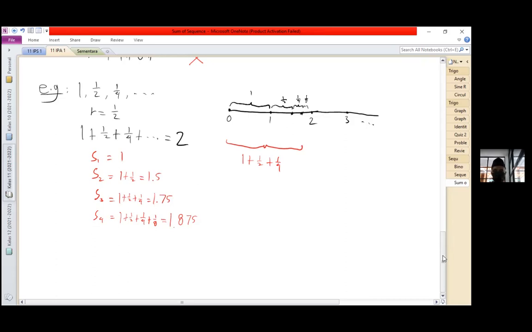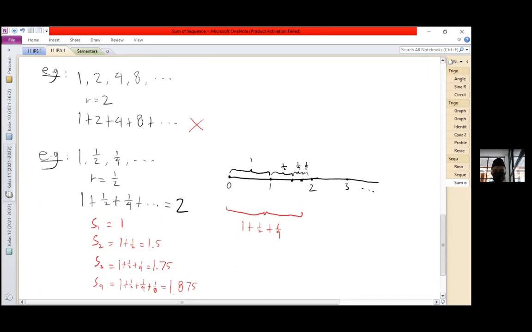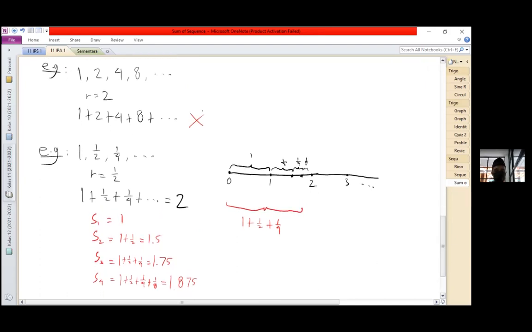So this is the principle of why we can add up an infinite number of terms. So in general, that's why the ratio must be less than 1, or more accurately between -1 and 1.